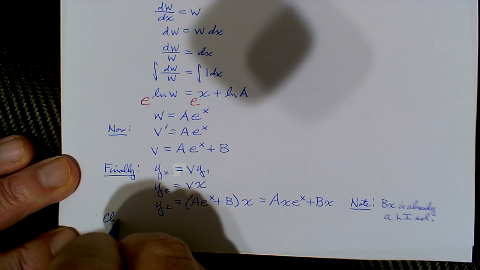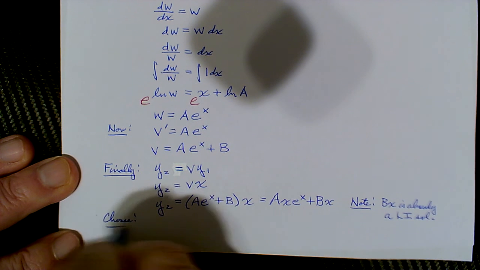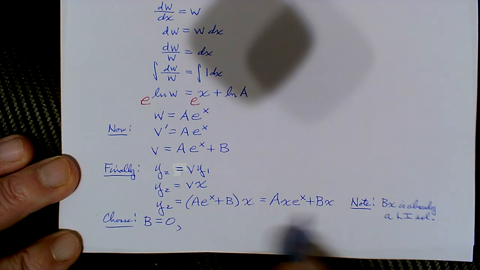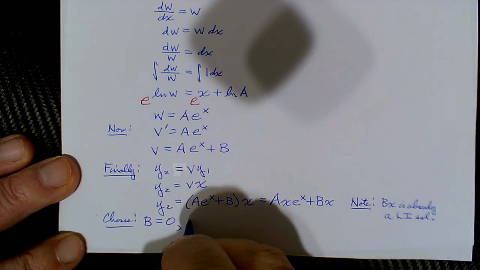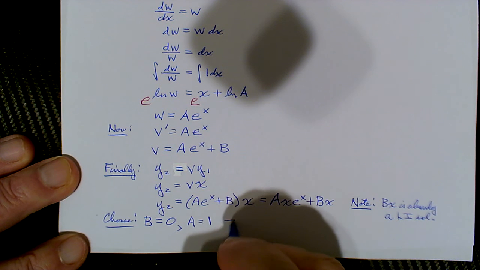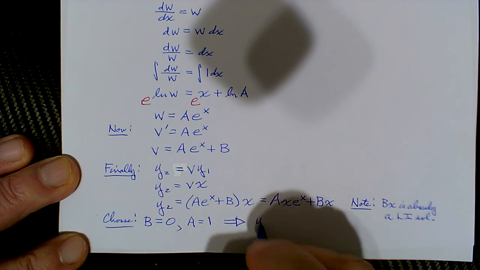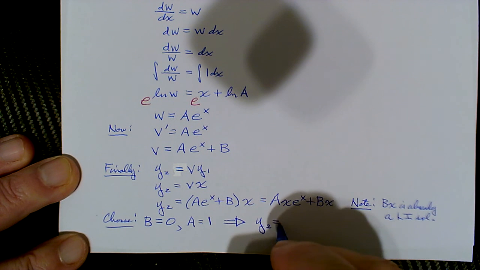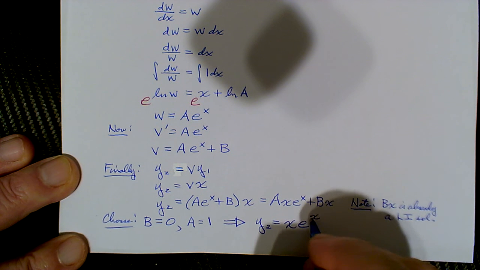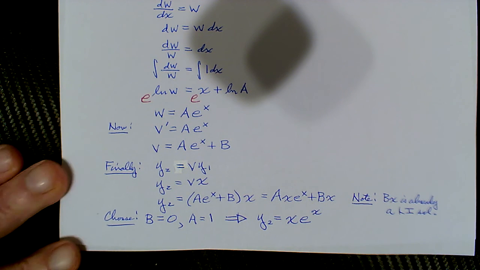So here we're going to choose b to be equal to 0. That's always done, because that term we want to go to 0. And then an appropriate choice for a might be 1. So then we finally get that y2 is 1x e to the x, or just x e to the x.